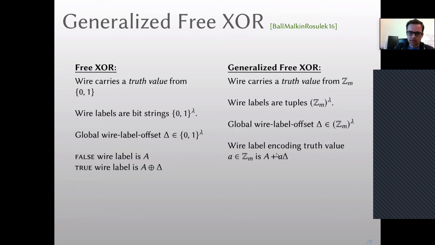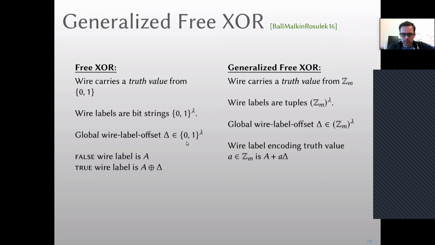So this capital A is a wire label. It's like a vector of integers mod m. So is delta, but little a is just a scalar, a single value mod m. And the wire label for the value little a is capital A plus little a delta. Okay, and the plus here is addition of vectors mod m, right? In the same way that XOR is addition of vectors mod 2.